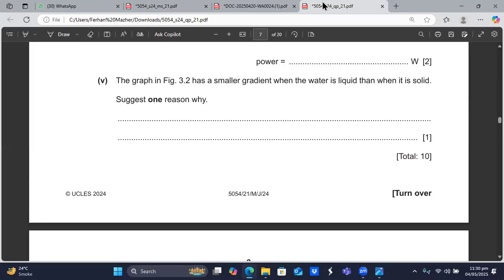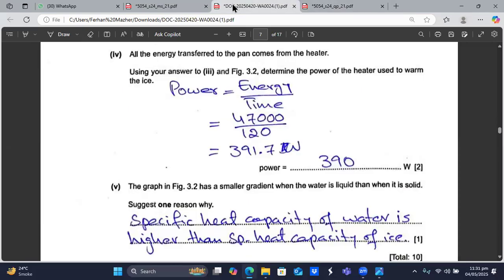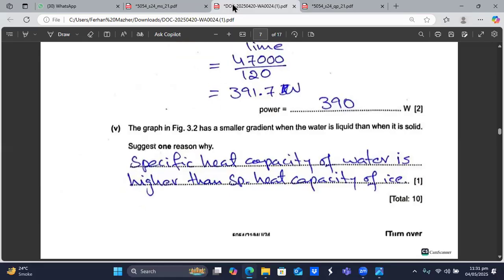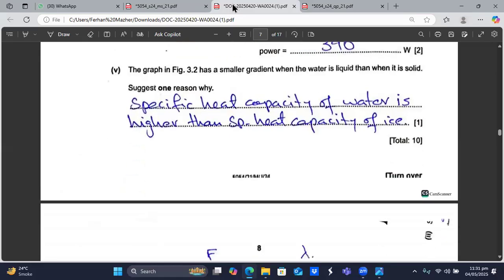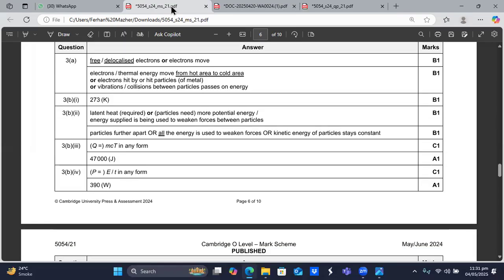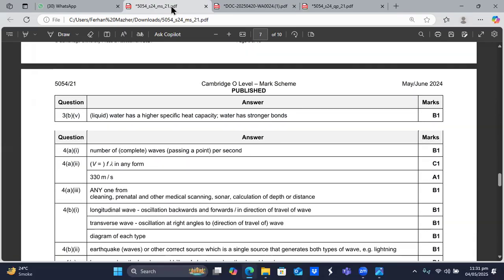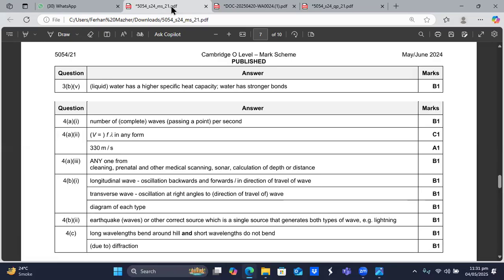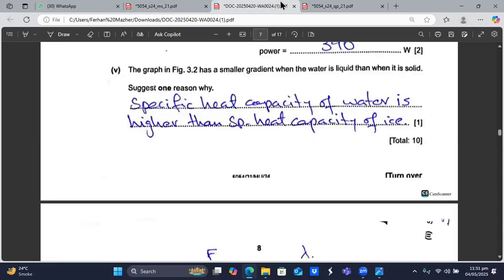The water will require more energy to raise its temperature, as compared to the same rise in temperature in the ice, which will require less heat. Specific heat capacity of the water is higher than specific heat capacity of the ice. So this is question number 3, fifth part, and I hope you understand this.